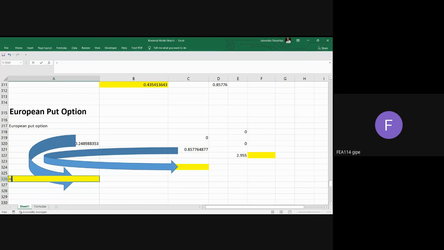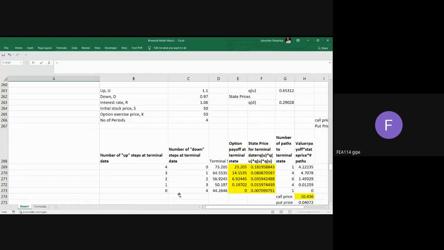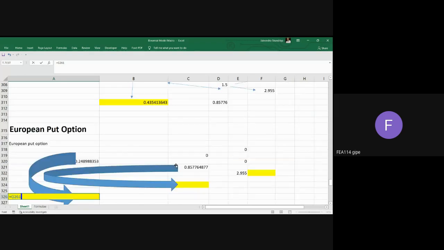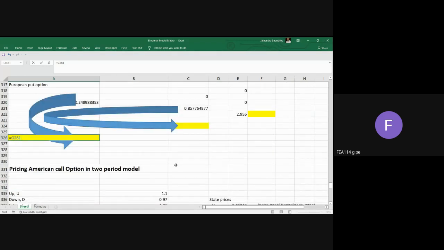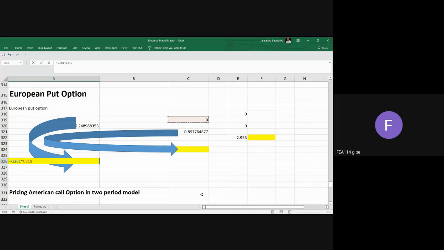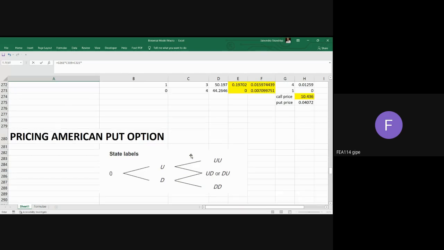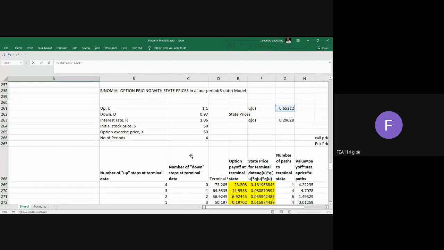So it becomes QU, which is this, into this value, plus this value into QD.